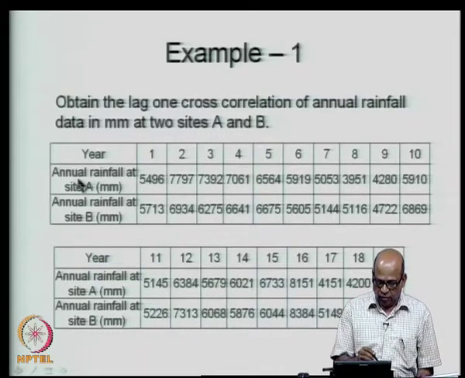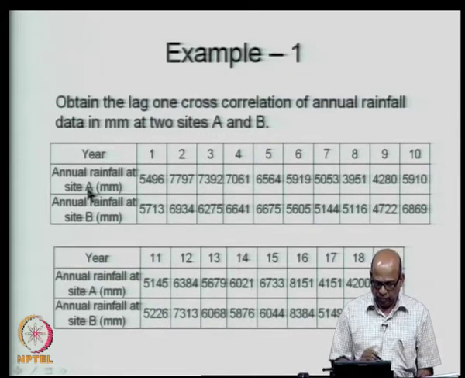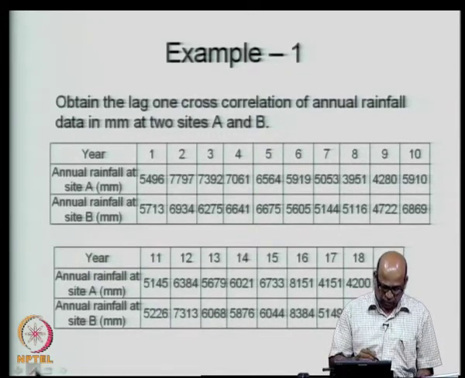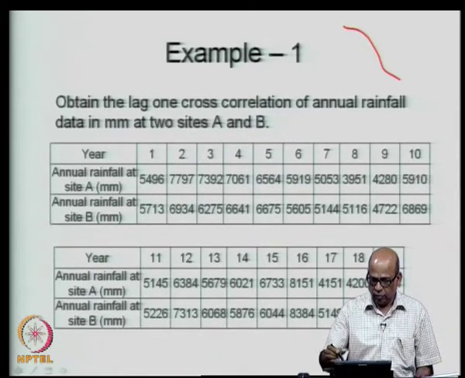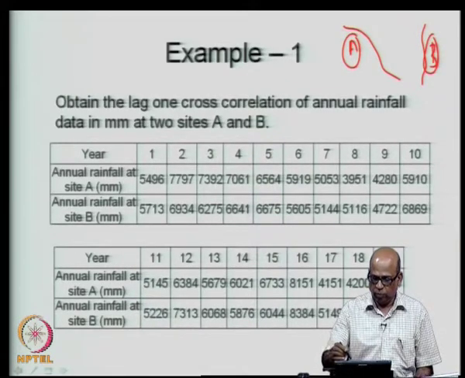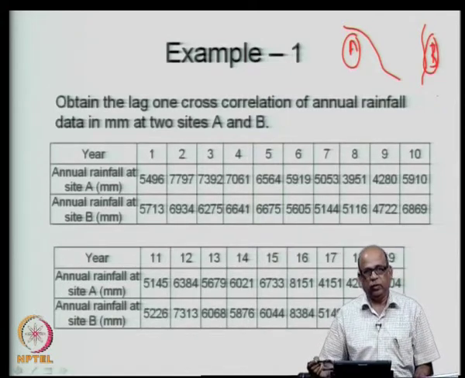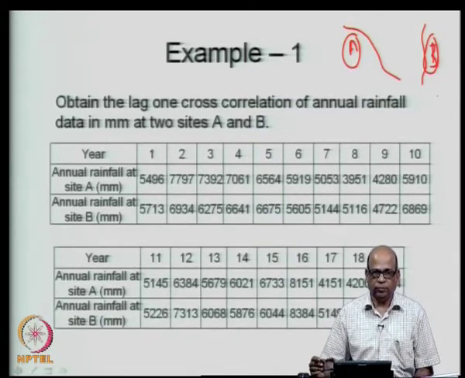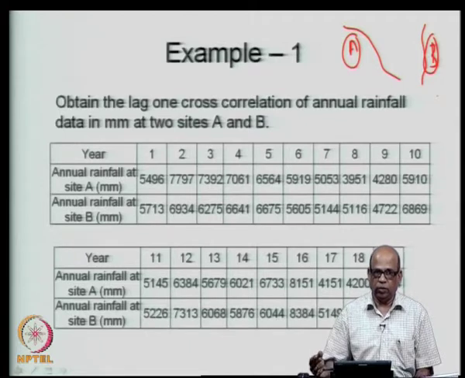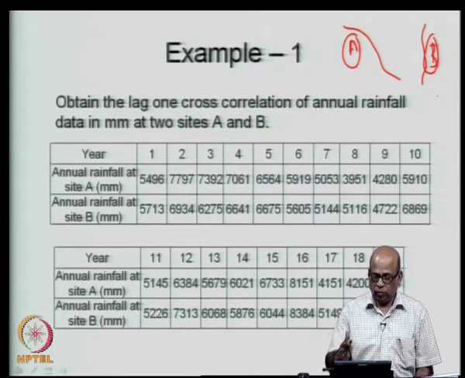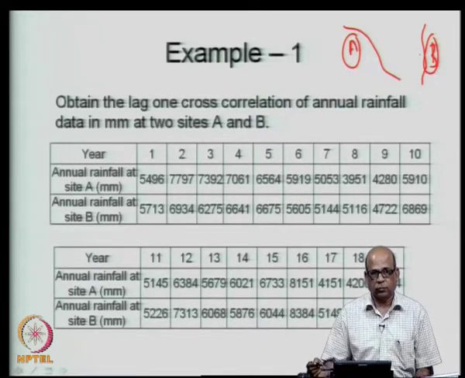We have simultaneous observations on two sites. Let us say this is site A and this is site B, and both of them belong to the same hydrologic region or homogeneous hydrologic region, and you want to build cross correlations among these two.